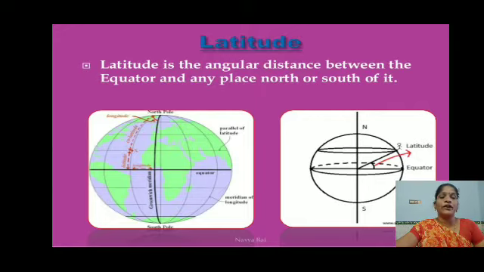So which latitude divides our earth into two equal halves, that is the northern hemisphere and the southern hemisphere? That is the equator. Equator is 0 degree. It is the biggest latitude. Okay, I hope you understand because this is the revision. So here, latitude is the angular distance between the equator and any place north or south of it.